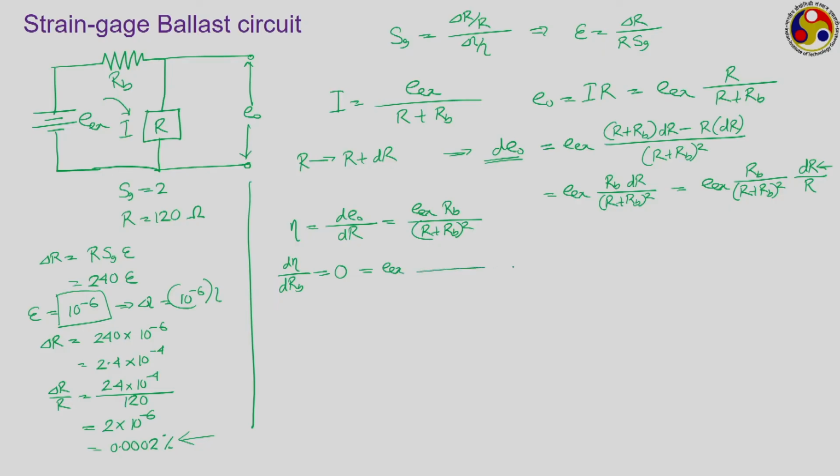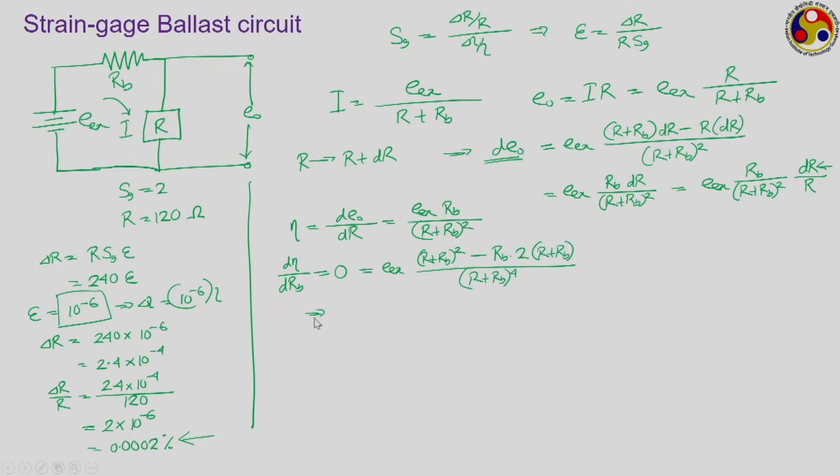Ex was there. So, we have R plus Rb whole square, oh sorry, we are just differentiating with respect to Rb. So, minus Rb into 2 into R plus Rb, divided by R plus Rb whole to the power 4.